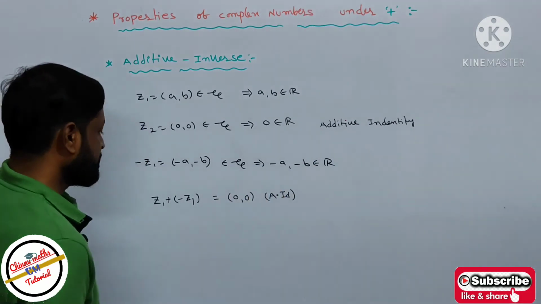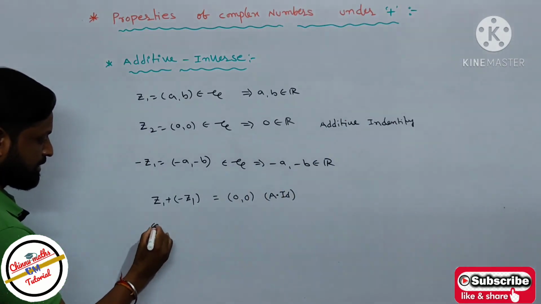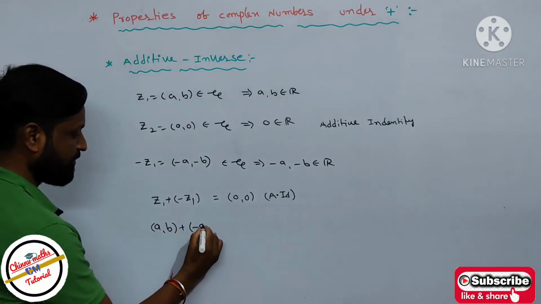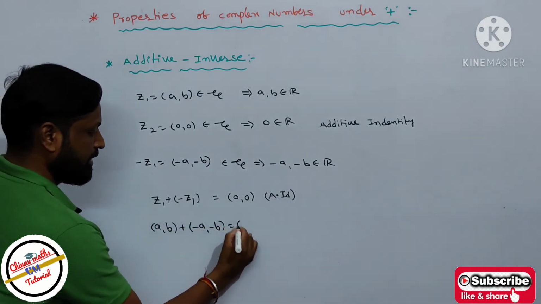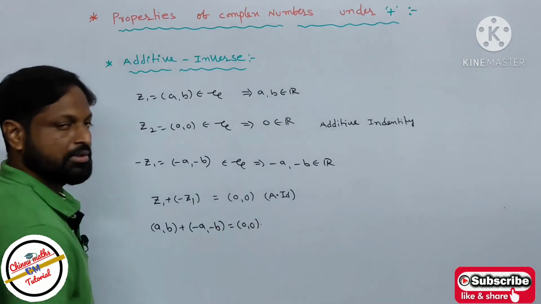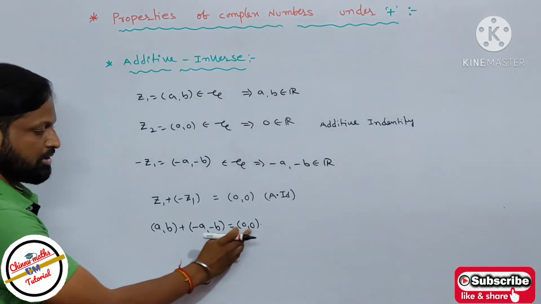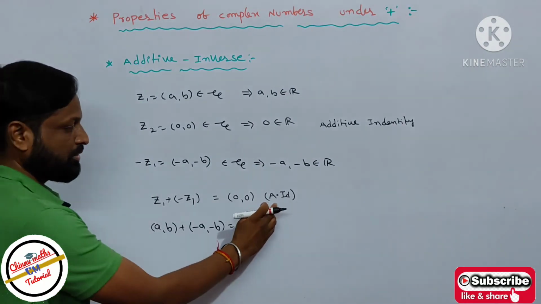So z1, that is (a, b), plus minus z1, that is (minus a, minus b), equals (0, 0). So when you add these two complex numbers, you get the additive identity.